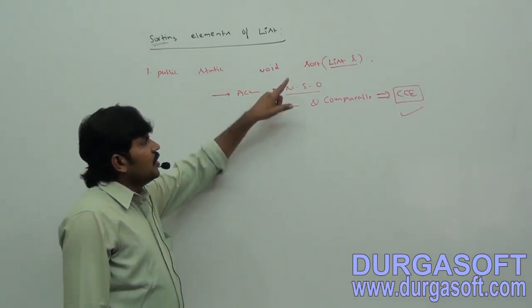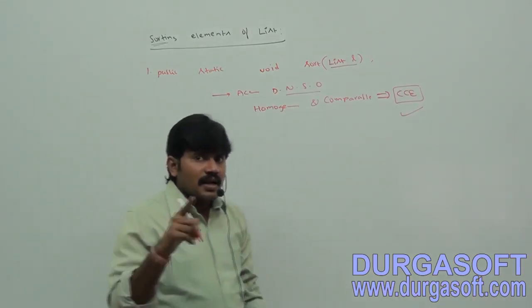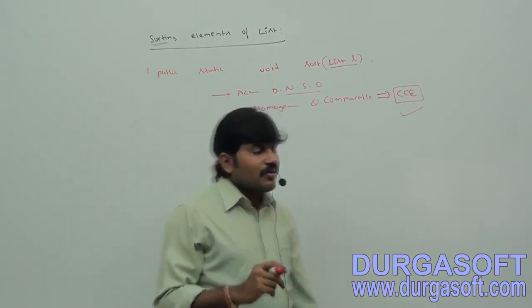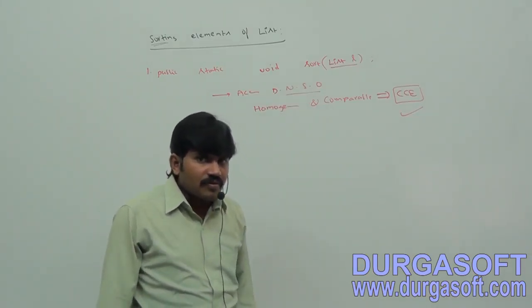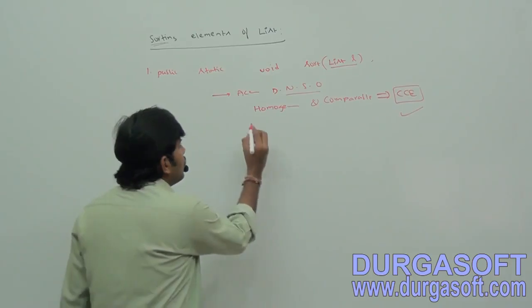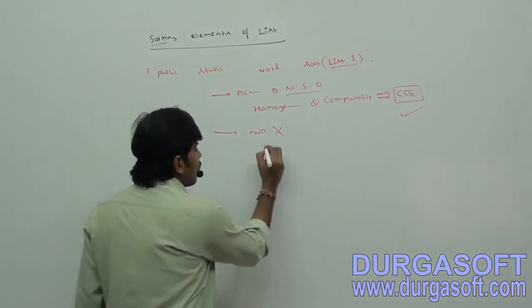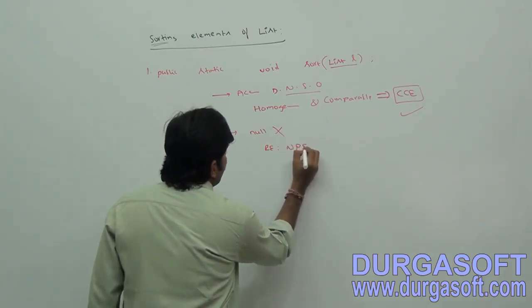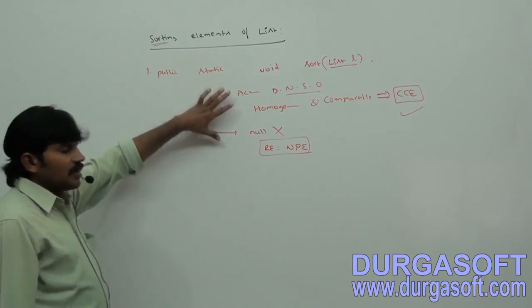Second, assume the list is an ArrayList. If the list contains null, sorting means comparison is required. If you compare with null, what will happen? NullPointerException. So the list should not contain null, otherwise we will get NullPointerException.